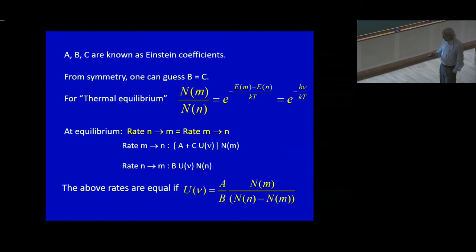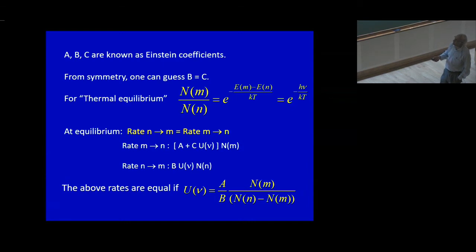Now, thermal equilibrium. Einstein said the number of particles in the state M is proportional to e to the power minus Em over kT.